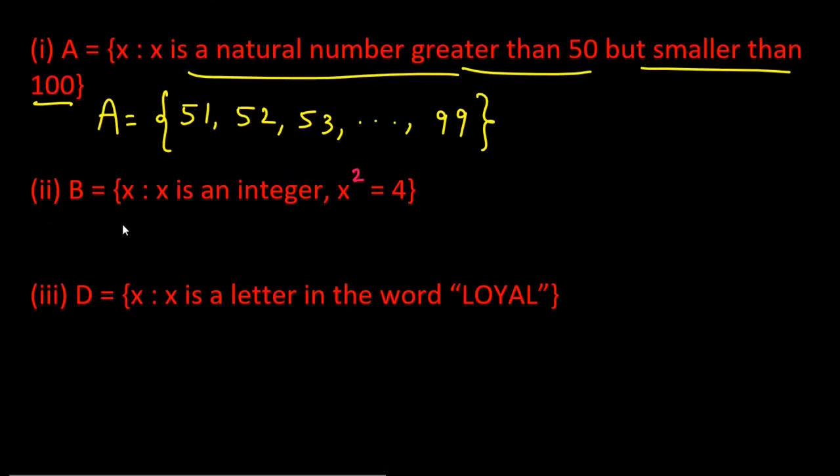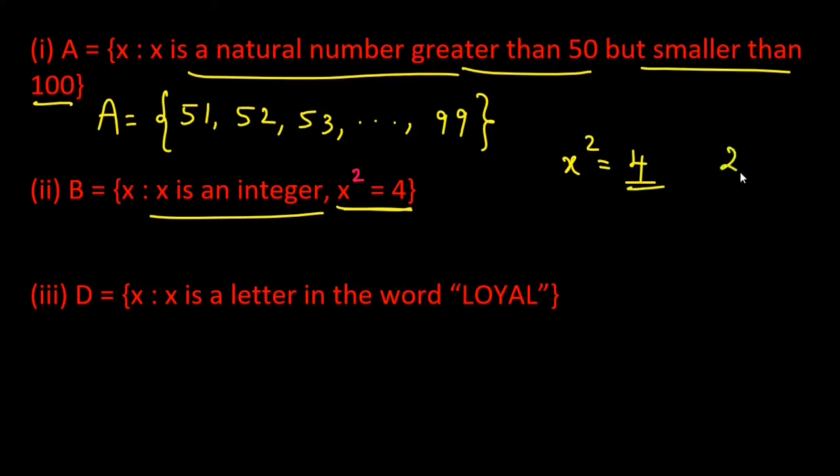The second one, B is equal to the set of all x such that x is an integer and x square is equal to 4. So x is an integer. An integer can take positive or negative values. Here the restriction is x square is equal to 4. 4 is a perfect square, so 2 square is equal to 4.